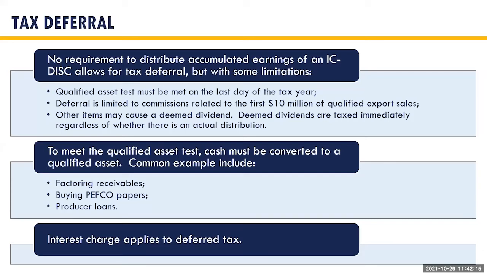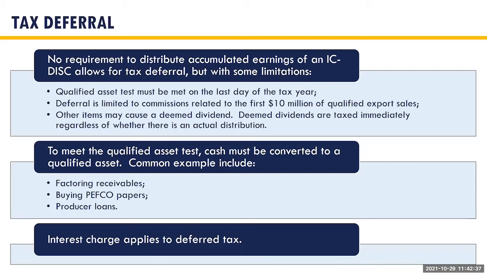The other benefit I talked about is tax deferral with an IC-DISC. So there's no requirement that you actually have to distribute the accumulated earnings of the IC-DISC. And if you don't distribute the earnings, then there's no dividend income to the IC-DISC shareholder. There are some limitations to the deferral though.